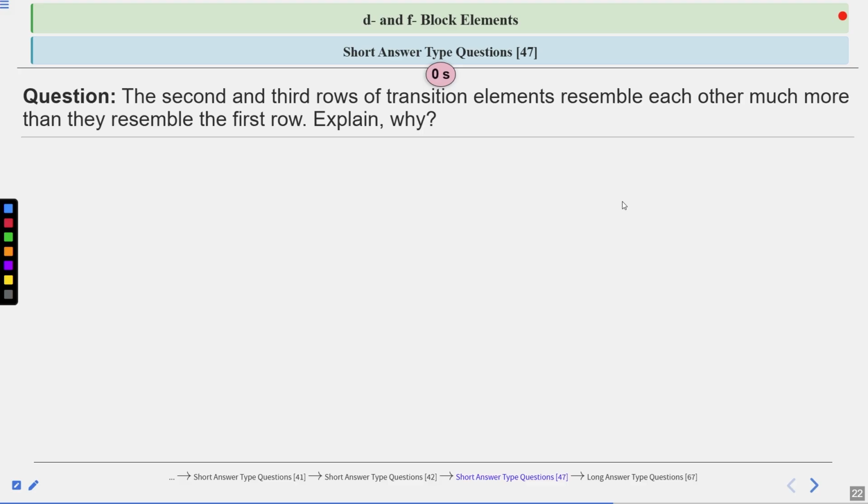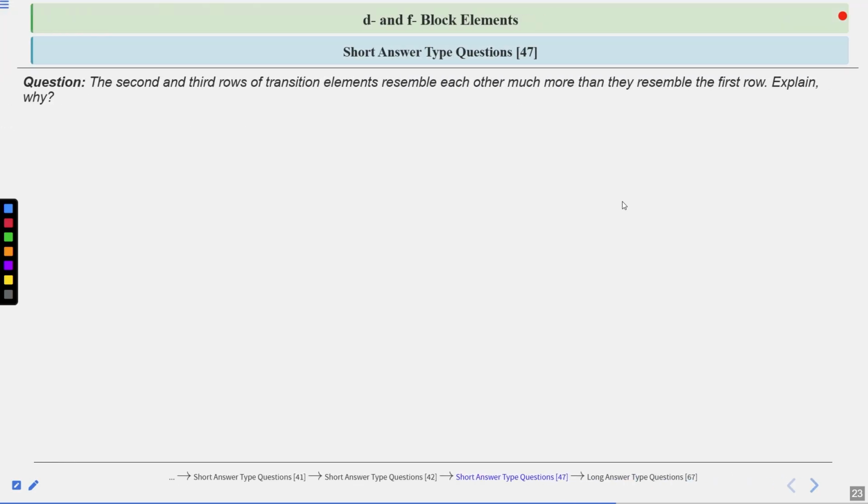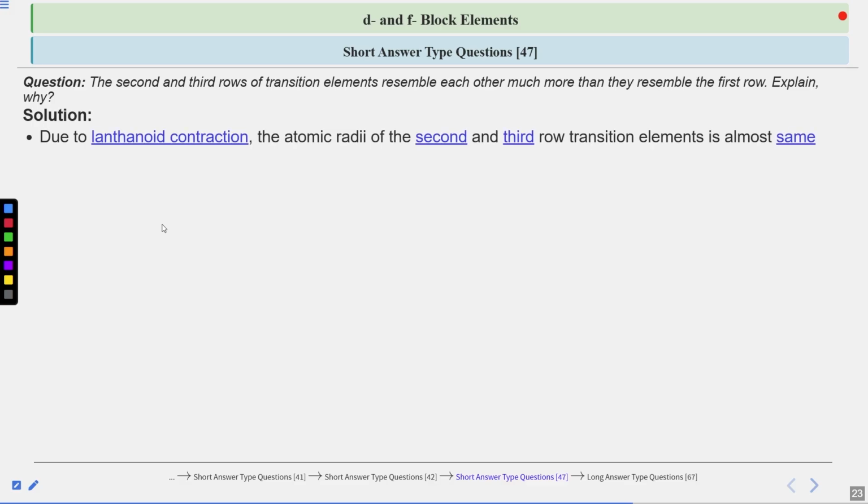Okay, let's see. For this given question, due to the lanthanoid contraction, again, the atomic radii of the second and third row transition elements are almost the same.